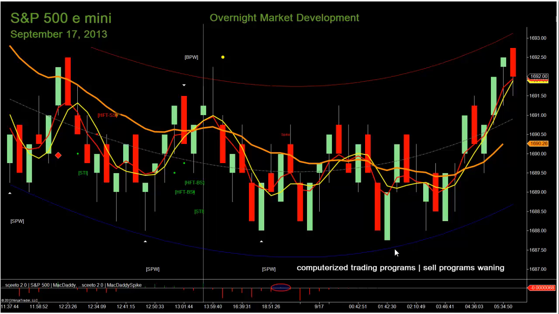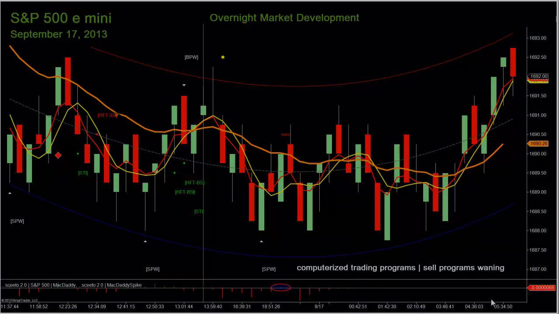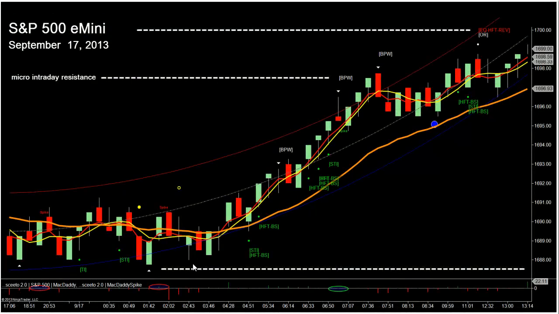Algo Futures has developed a suite of algorithms that are geared towards focusing the presence of high-frequency computerized buy and sell programs. As we look over the developments that occurred Tuesday, you can see that when the market auctioned up off the overnight low, the computerized trading robots were executing primarily to the buy side. Thus you see represented on the chart high-frequency buy surges.